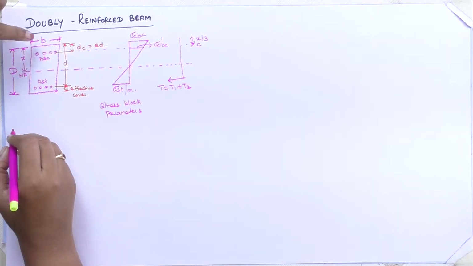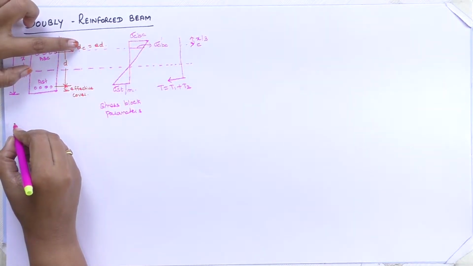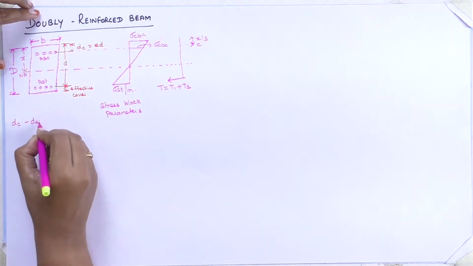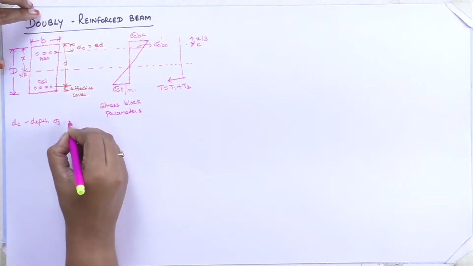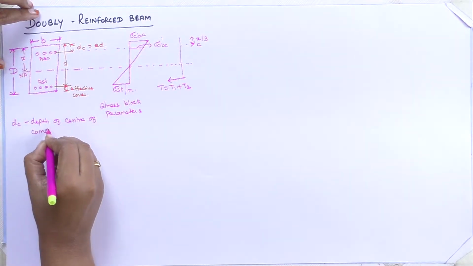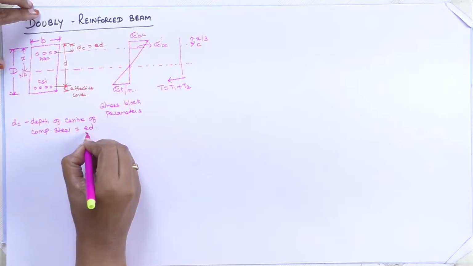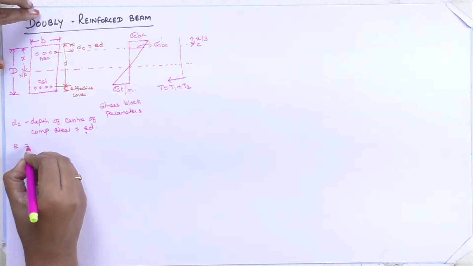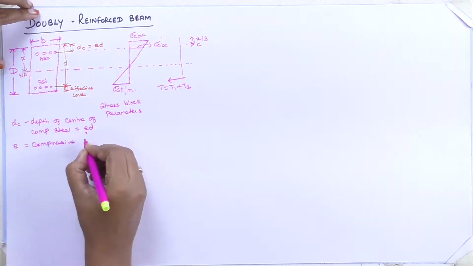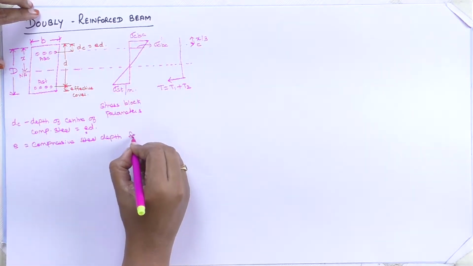What we all know, B is breadth, capital D is total depth. Then what is DC? DC is nothing but depth of center of compression steel, that is equal to ED. Now what is E? E is nothing but compressive steel depth factor.